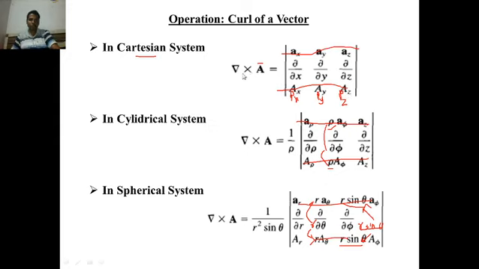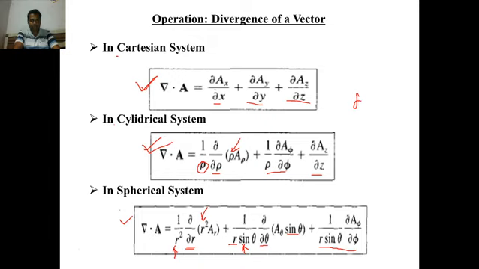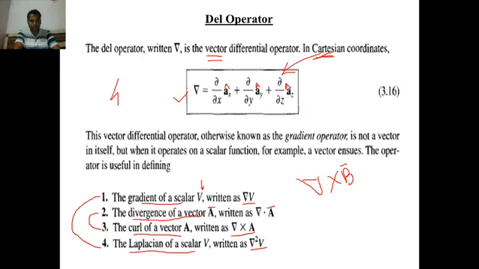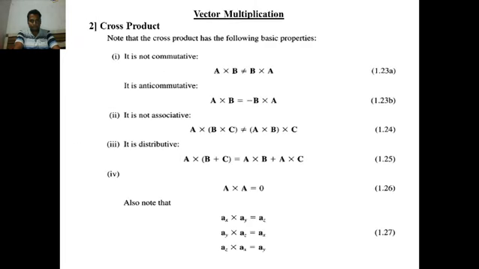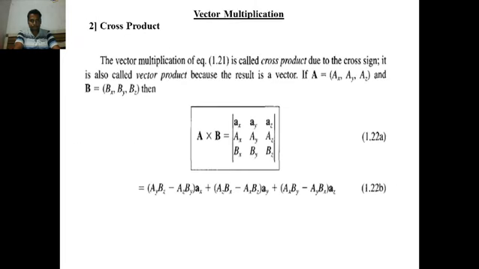And you know how to calculate the cross product of this particular table. It is very simple. You do cross multiplications. I can show you the slide where we have done it. Here we have done this cross multiplication.